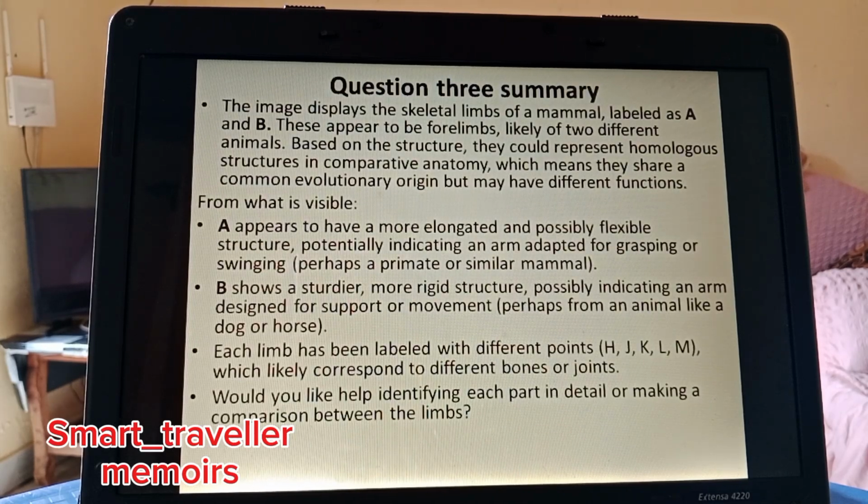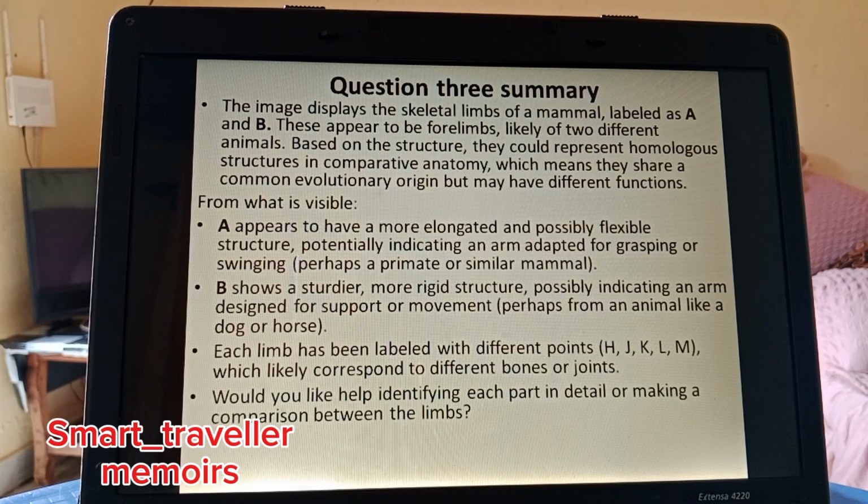Question 3 summary. The image displays the skeletal limbs of a mammal labeled as A and B. These appear to be forelimbs, likely of two different animals. Based on the structure, they could represent homologous structures in comparative anatomy, which means they share a common evolutionary origin but may have different functions.